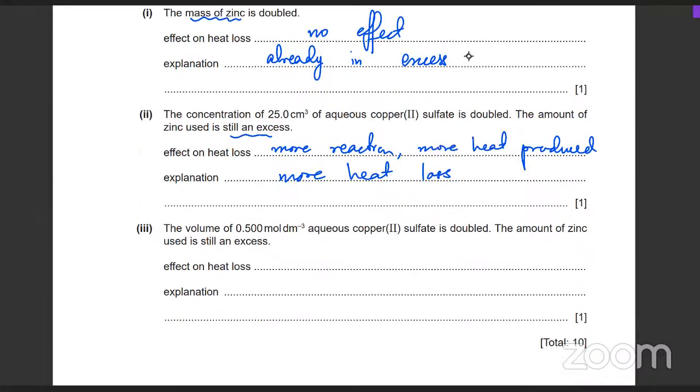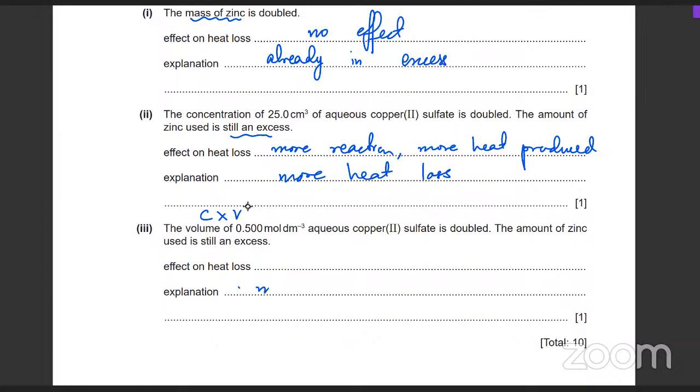As the next one, what if we double the volume of copper sulfate? The amount of zinc is still in excess. So if you double the volume, what is going to happen now? Will there be more reaction now? Okay, so there's going to be more reaction, right? Because moles is doubled. Whether you double concentration or double the volume, the moles of copper sulfate will increase, right?